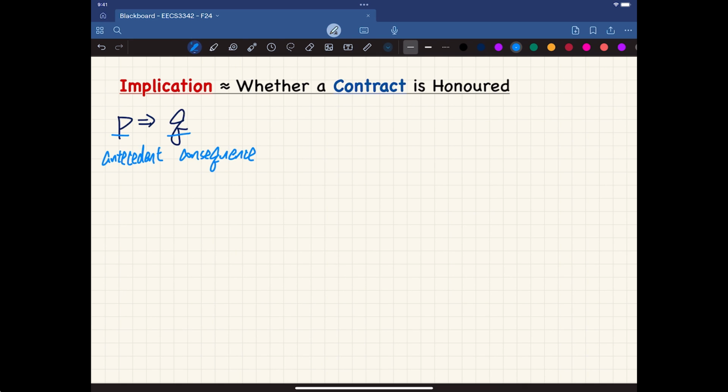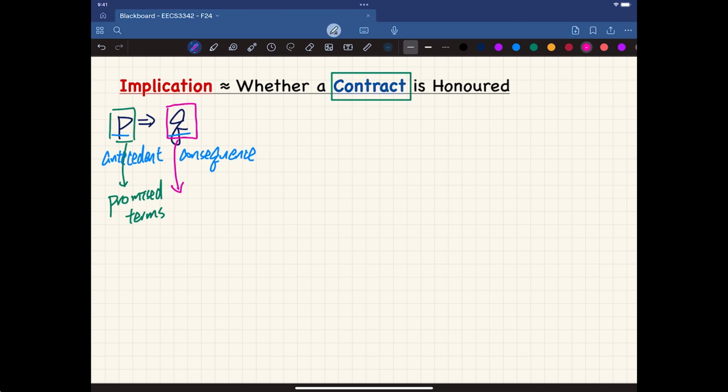Let's talk about the analogy. The analogy would be, think about the antecedent as something you're promised. So P here is the promised terms. So we are talking about a contract. And the Q over here is the consequence.